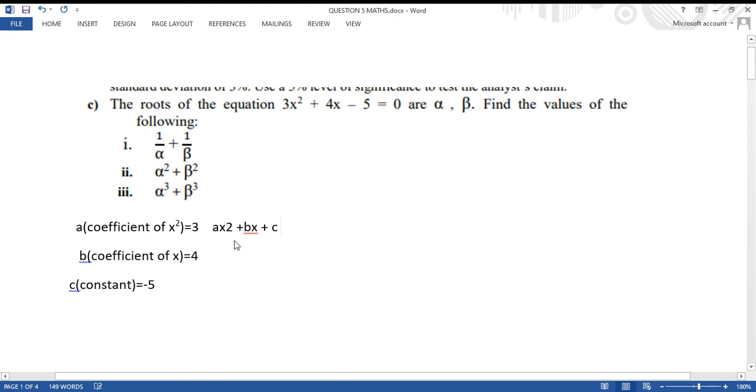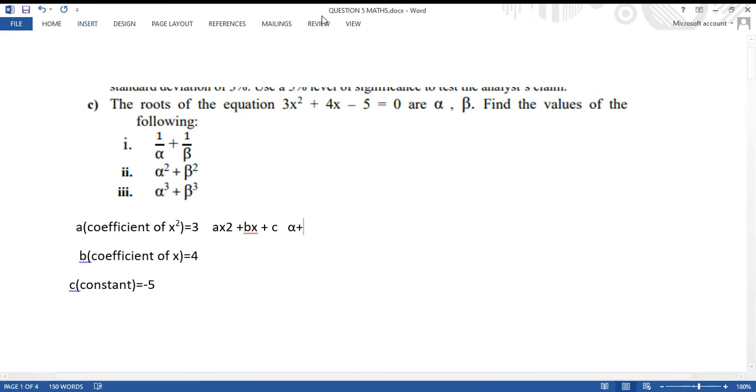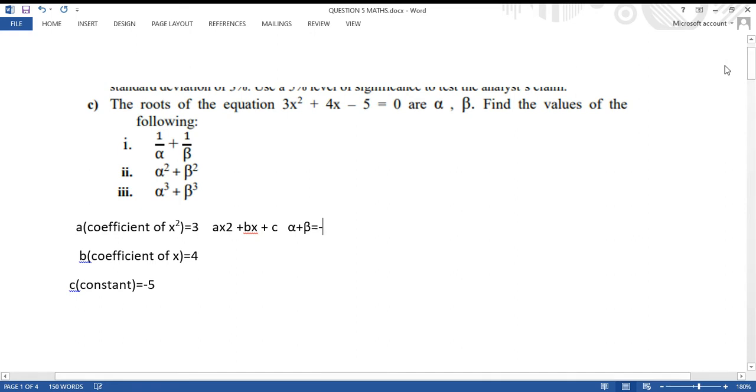Because if we remember, alpha plus beta equals negative b over a.